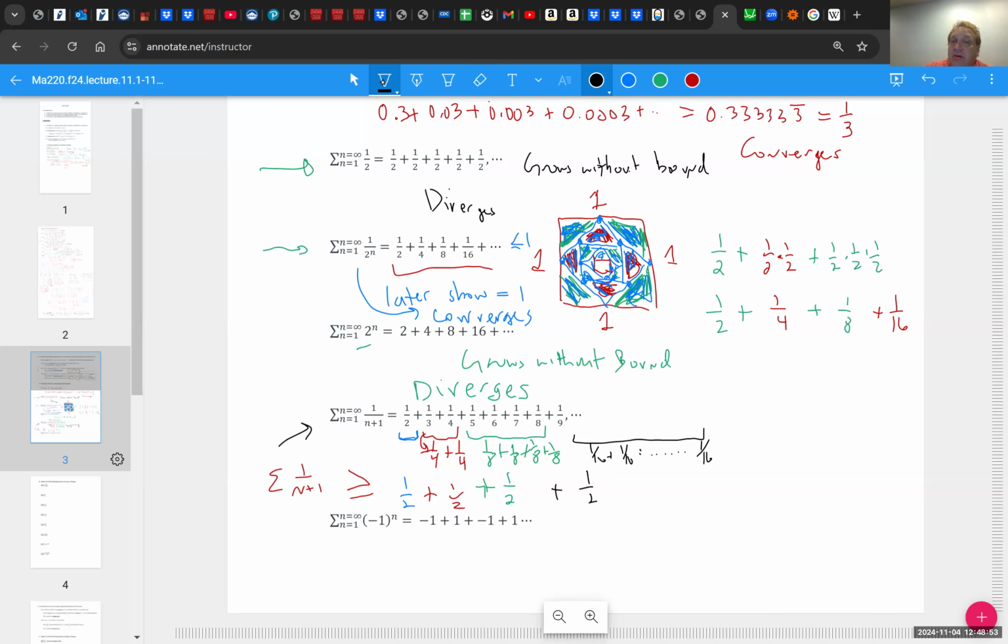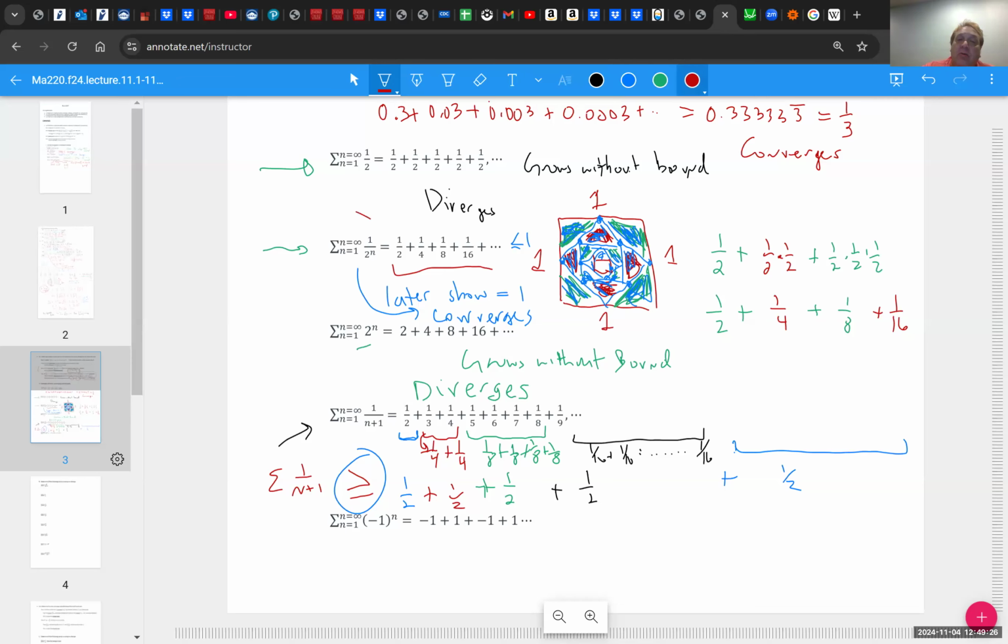And I can continue this, taking the next 16 numbers and making those all less than the original value. So we have a sum that's greater than 1/2 plus 1/2 plus 1/2 plus 1/2 plus 1/2 plus 1/2. Hopefully you follow that without too much distraction from my original backwards inequality sign.